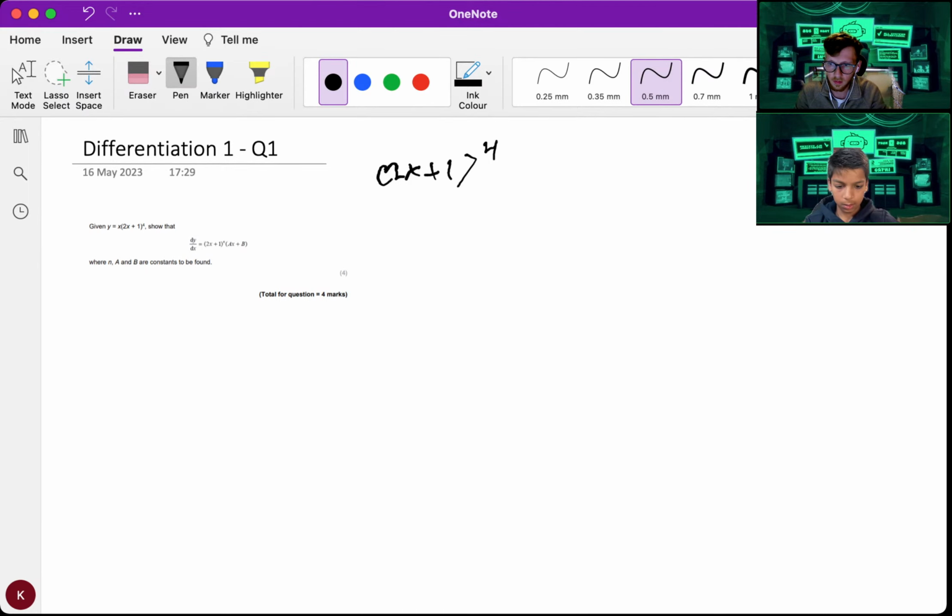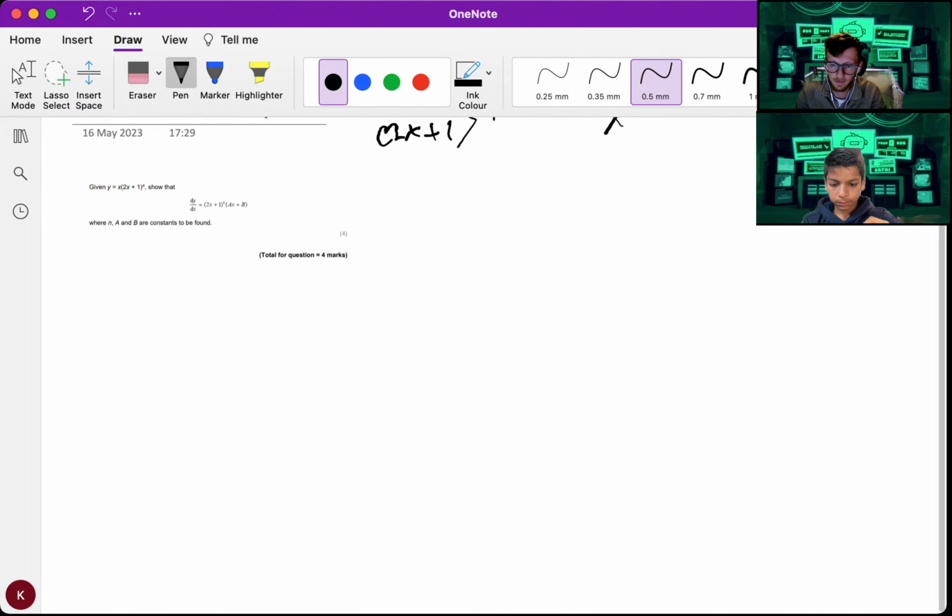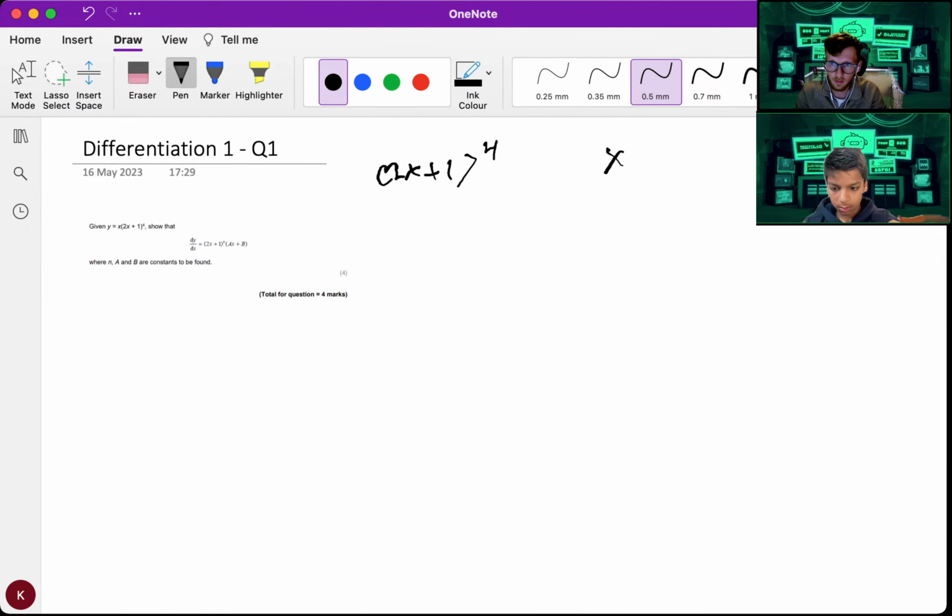Right, so if we do x, the derivative of x is just 1.